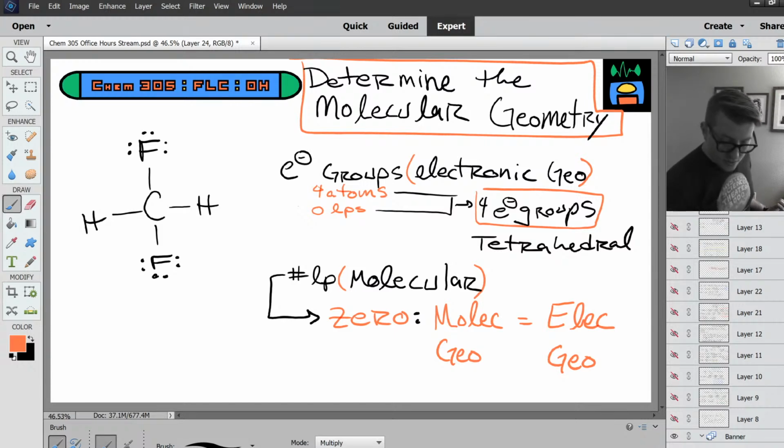All right, so here, because we have no lone pairs in play, our molecular geometry is equal to our electronic geometry. So our molecular geometry for this molecule is tetrahedral.